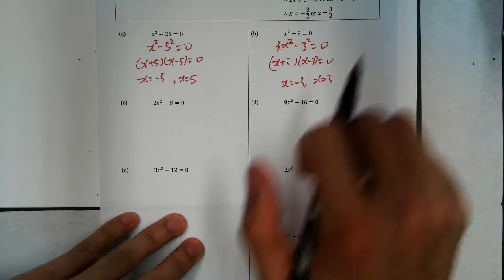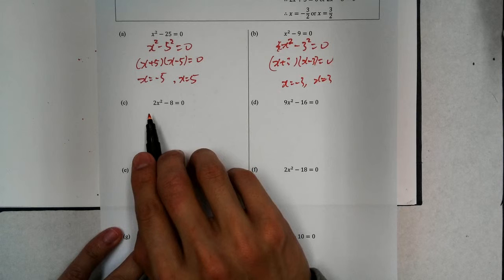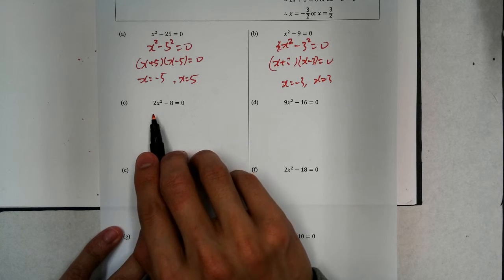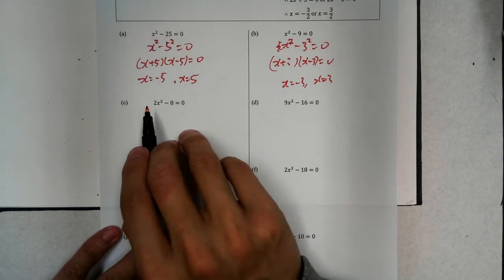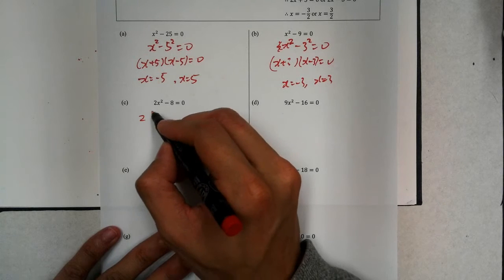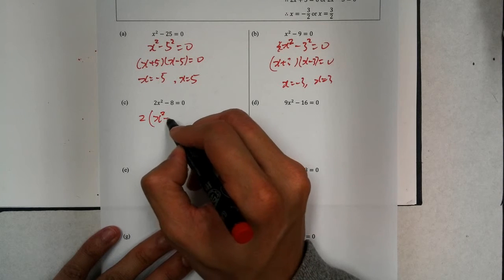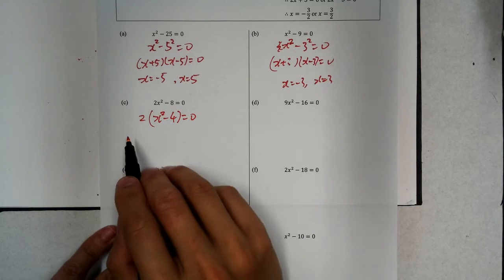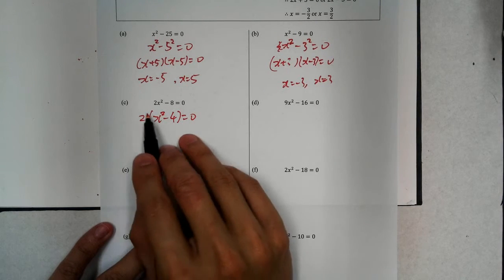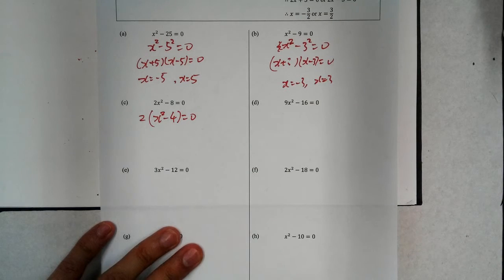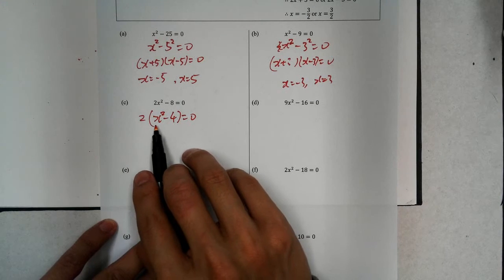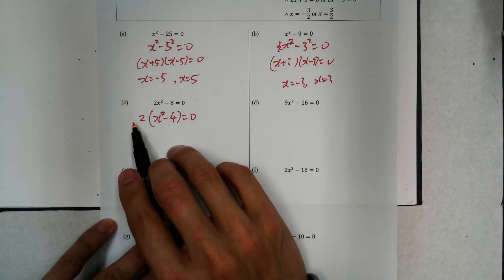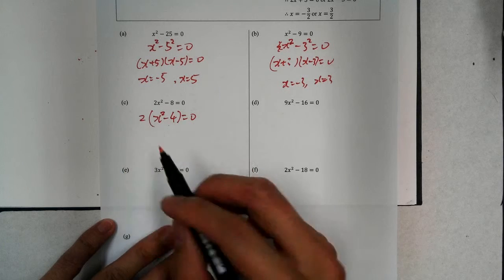And next one, we see the first one we have a 2 there, we have a factor. So we need to factorize the factor out first. So we have 2, and then remain x squared minus 4. What we need to focus on is x squared minus 4. We don't have to worry about the 2.